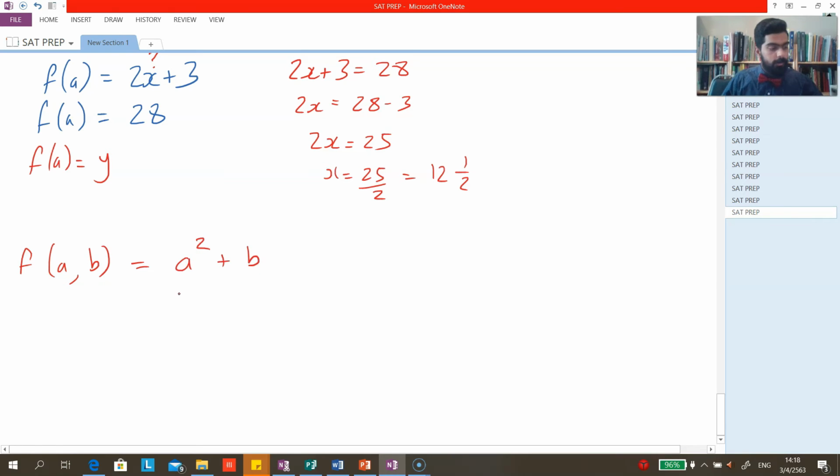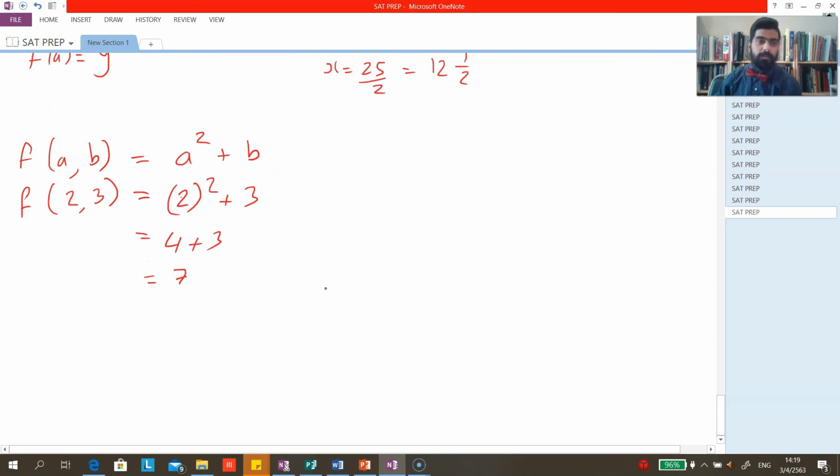So in this case, if we have a function f of 2 comma 3, what will this equal to? This will equal to 2 to the power of 2 plus 3, which is equal to 4 plus 3, which is equal to 7, right guys?